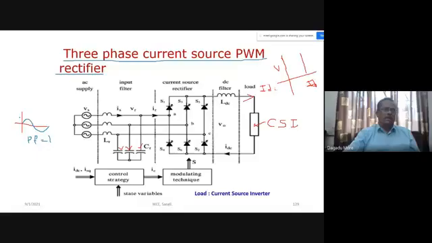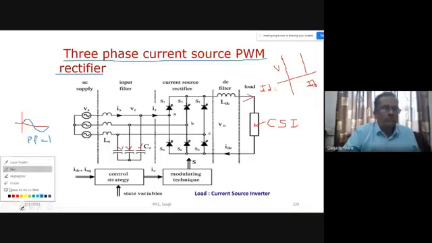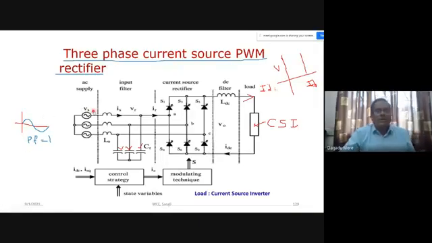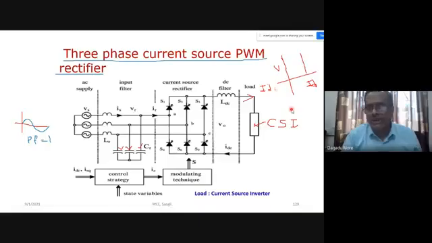The source current should be sinusoidal, with unity power factor. Here we require a DC current source, and one application is the current source inverter fed induction motor.